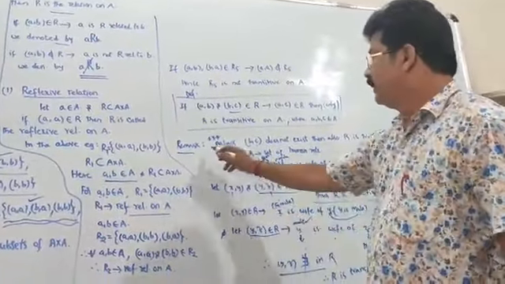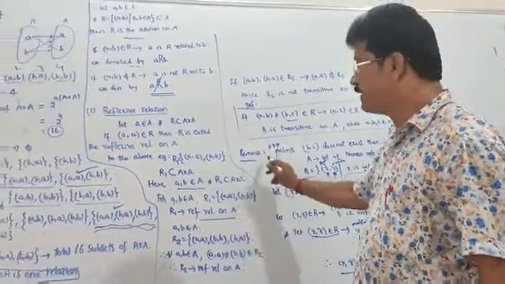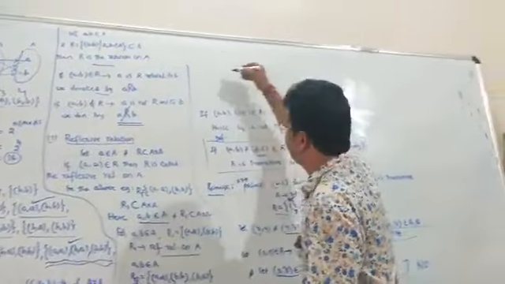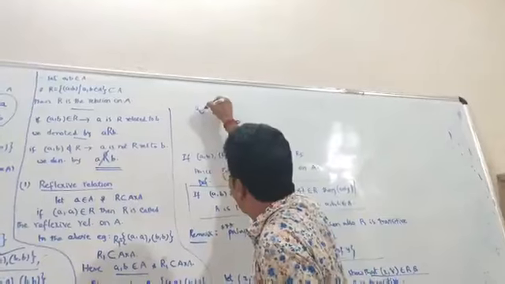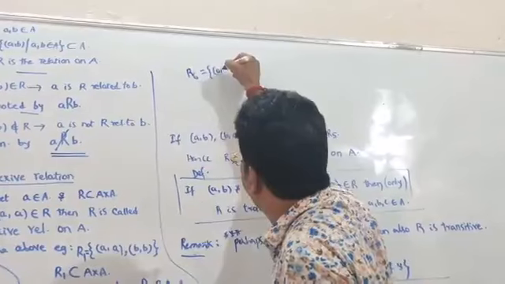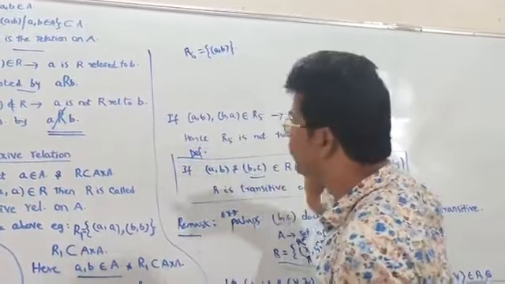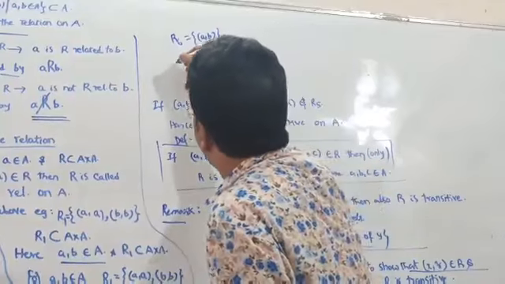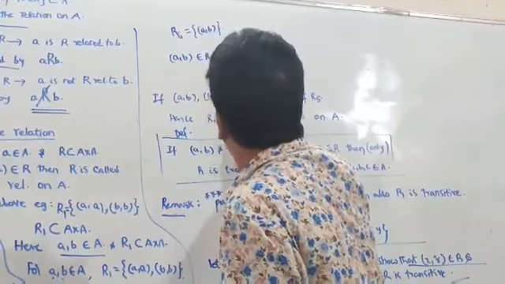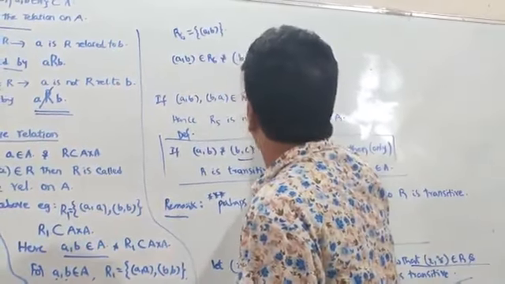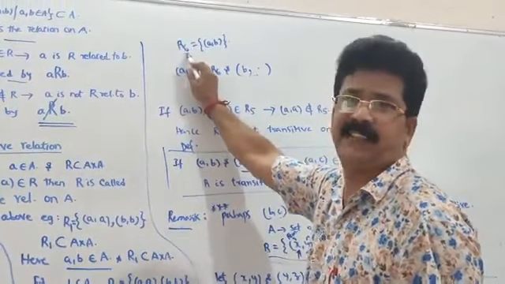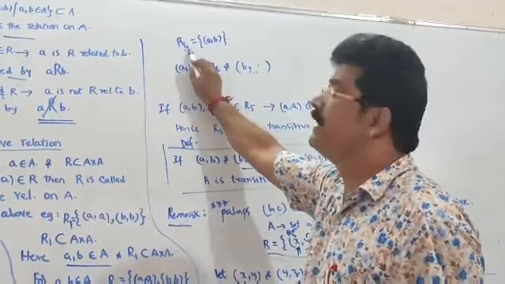So, let us consider another example for this remark. You take a singleton set, for example R6. So the set of A comma B, that's all, single set. A comma B belongs to R6 and starting with B comma something, but this kind of element is not in R6.